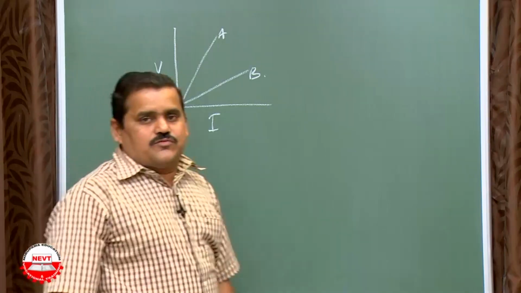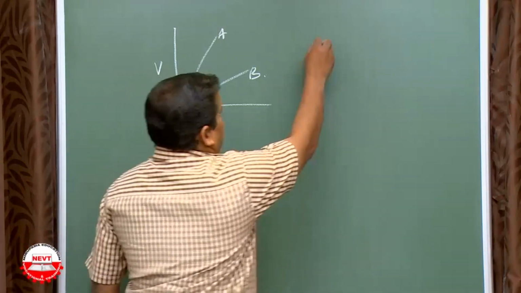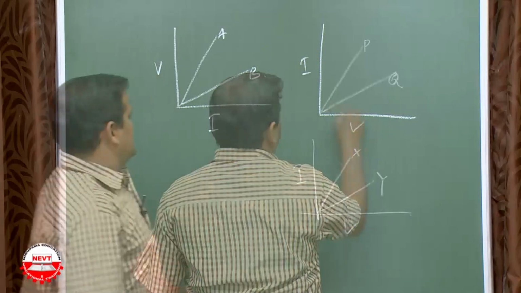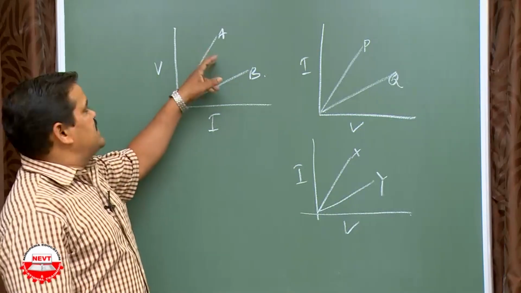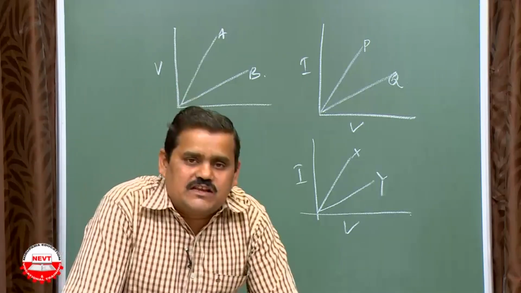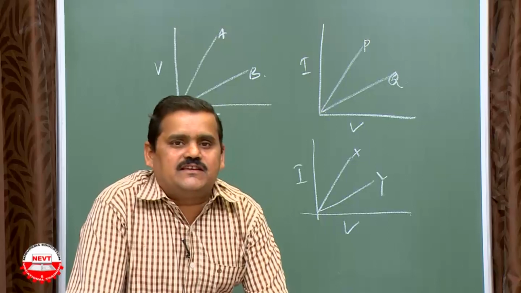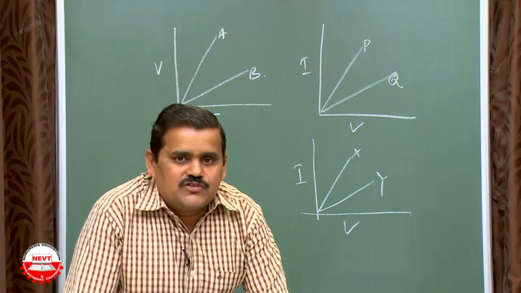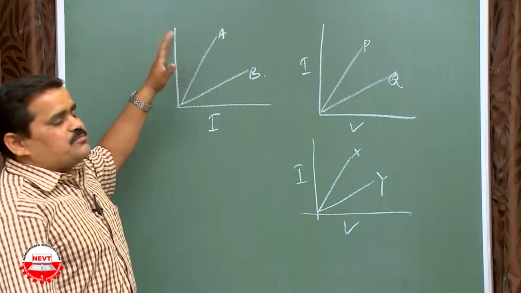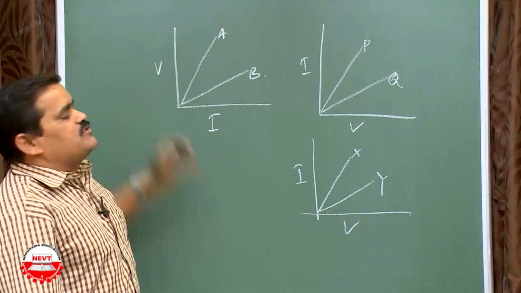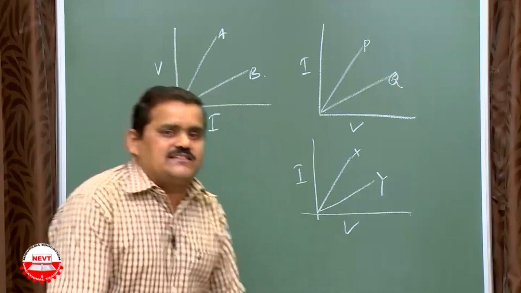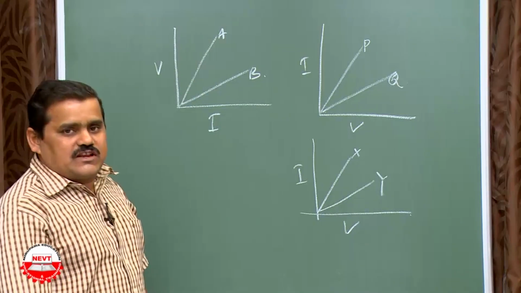So you know all of Ohm's law. Now give the answer to this question. In the first case, which has high resistance? According to Ohm's law, resistance R is equal to V by I. In case of the VI graph, the slope of the graph produces resistance. More slope, more resistance.